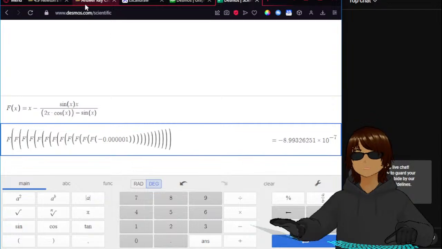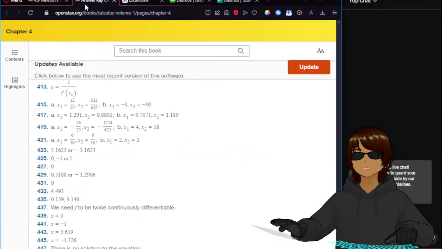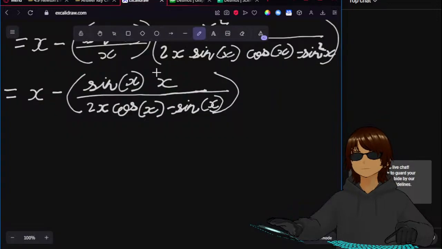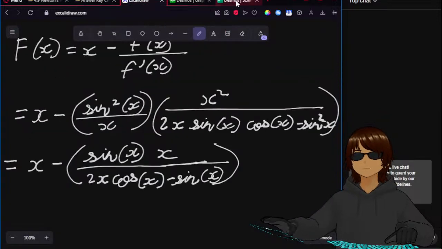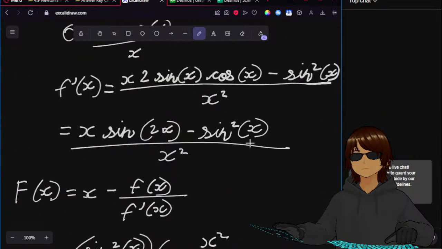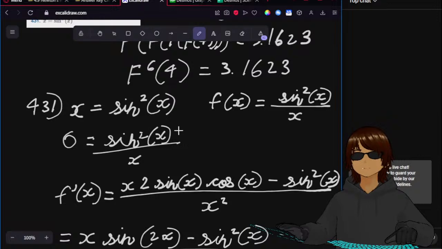But is this the correct way? That's what I'm wondering. Maybe that's why they asked us to use a computer.